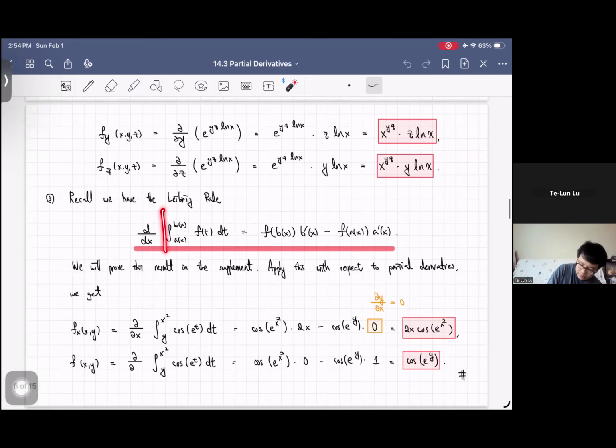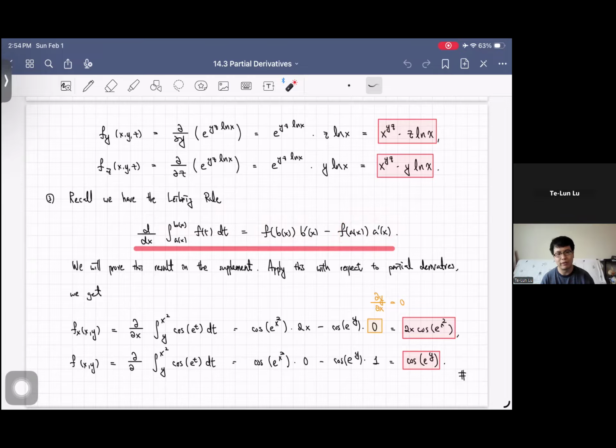So whenever you're integrating a function f, in particular if it's continuous or satisfies some regularity property that you guys have learned in calculus 1, then for this integral all the way from a of x, which is some function in x, all the way to b of x, which is some function in x, the derivative of this whole thing in terms of a function of x is f of b of x times b prime of x minus f of a of x times a prime of x.